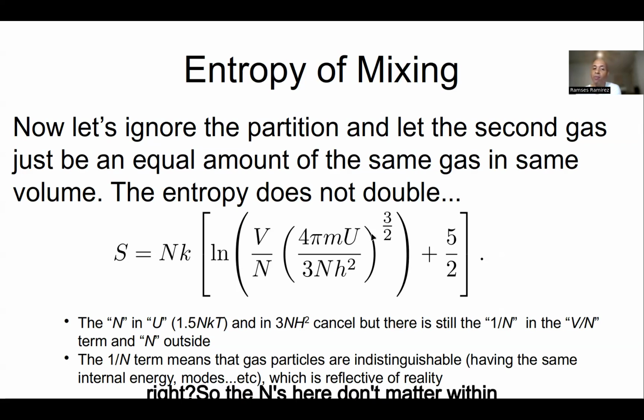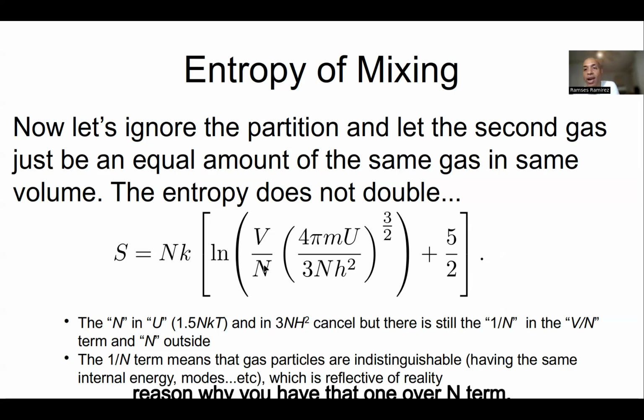So the N's within the parentheses don't matter, but this N matters a lot. And it counters and slows down the increase from this doubling of N. So you have 2N here, 2N there, but they counteract a little bit. So you do get close to a doubling, but not quite because of this 1 over N term.